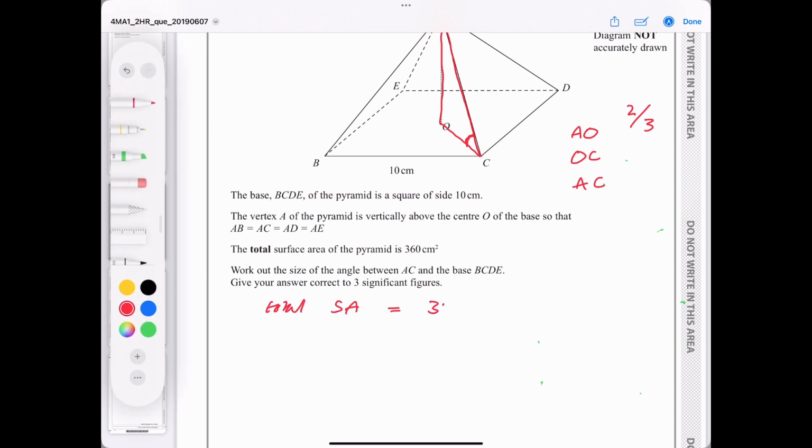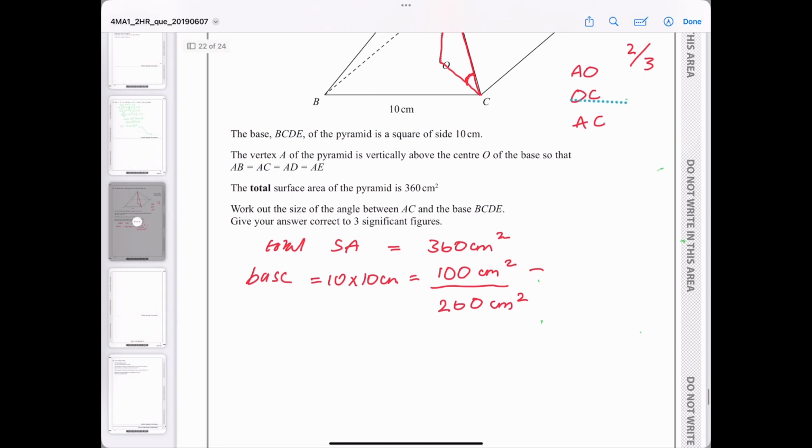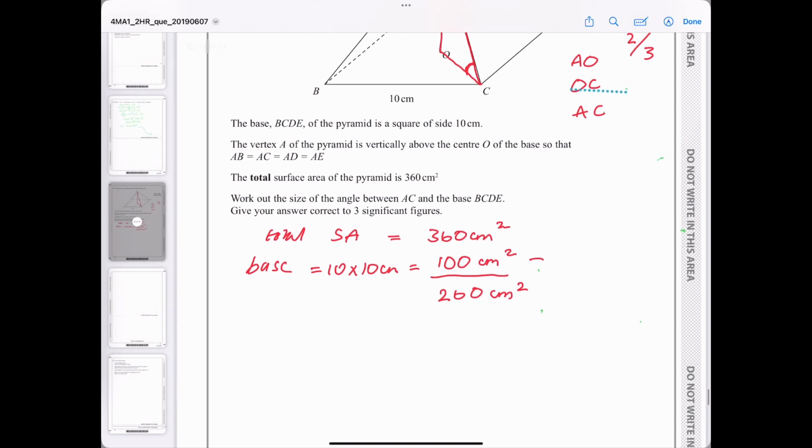equals 360 centimetres squared, and we know that the base equals 10 times 10 centimetres, so it equals 100 centimetres squared. So taking that away, all of the triangles are 260 centimetres squared.